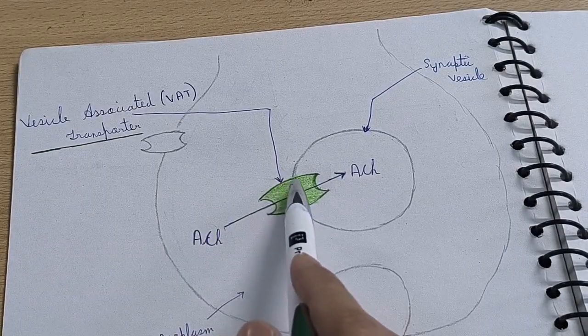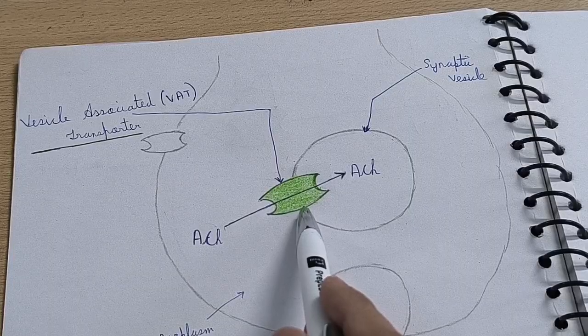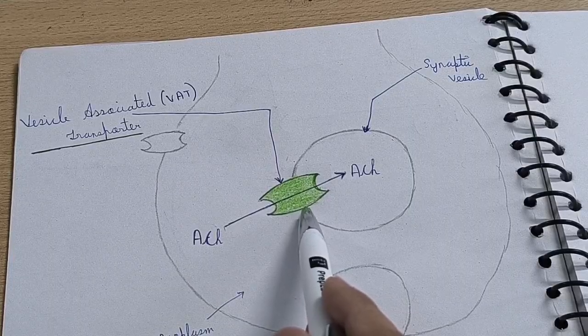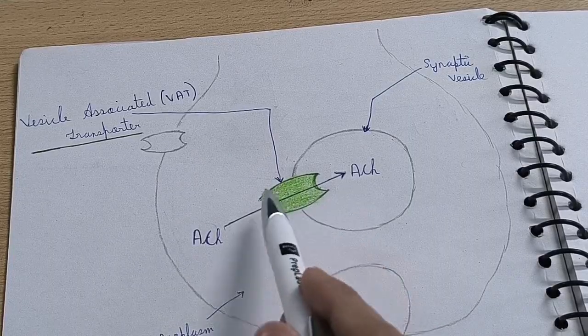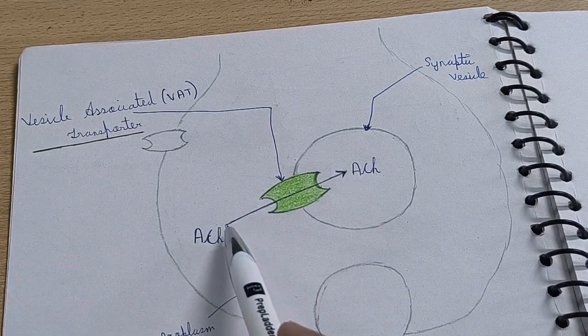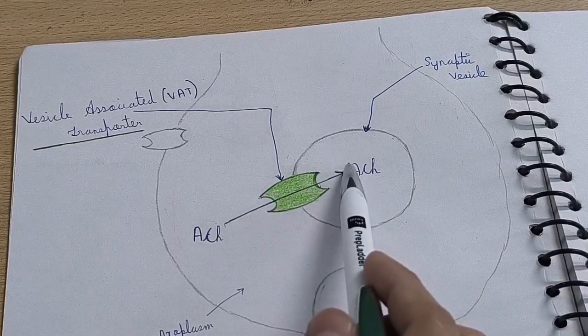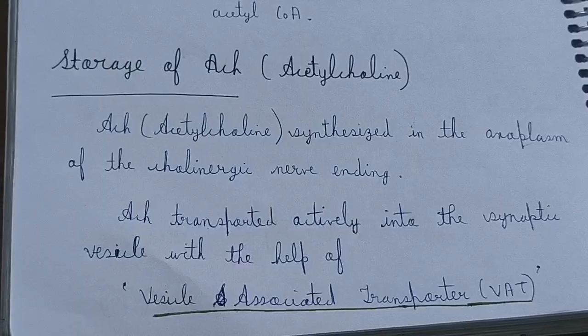This transporter is located in the membrane of the synaptic vesicle and transports the synthesized acetylcholine from the axoplasm to the synaptic vesicle.